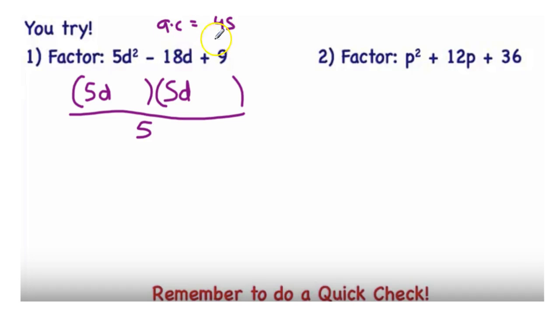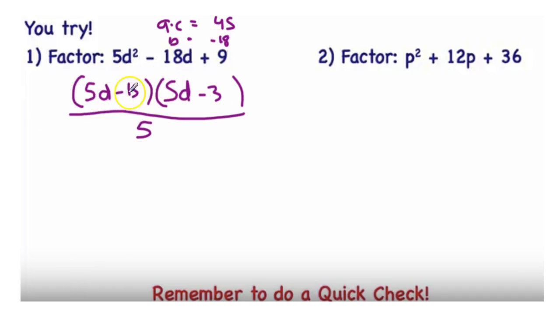And then we need numbers that multiply to that and add up to B, which is negative 18. So what numbers multiply to 45, and when you add them equal negative 18? Well, that would be negative 15 and negative 3. Negative 15 times negative 3 is 45. When you add them together, it's negative 18.